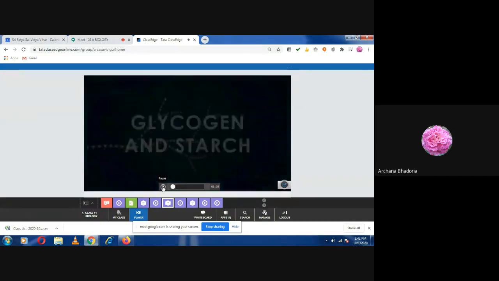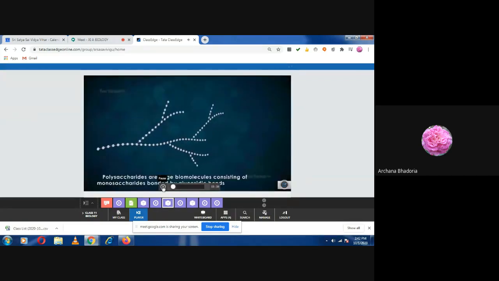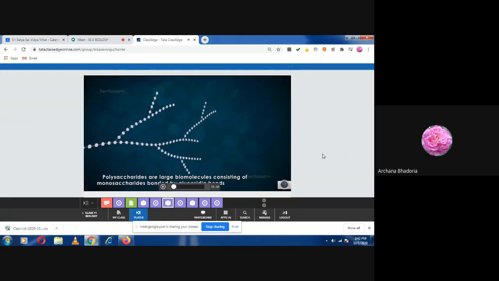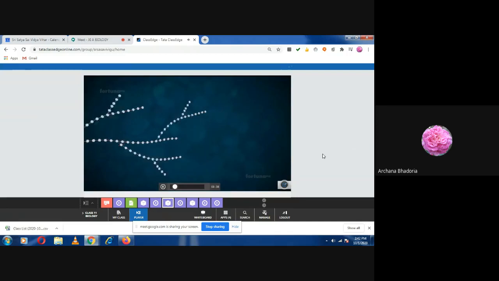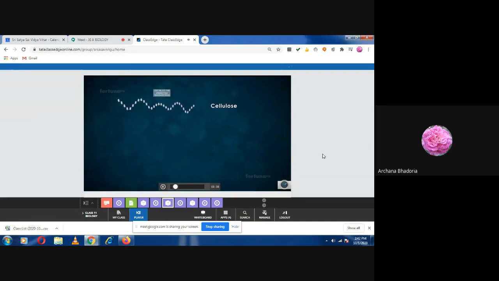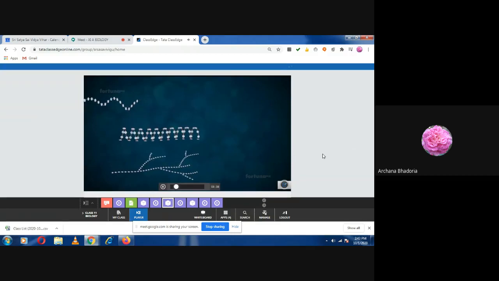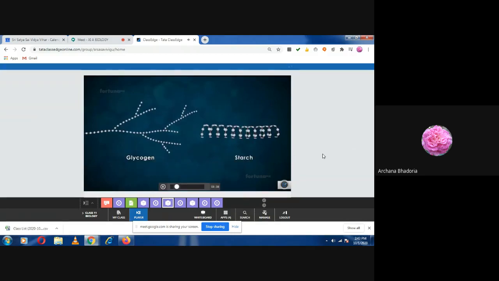Polysaccharides are large biomolecules consisting of monosaccharides bonded by glycosidic bonds, also known as glycans. They can be one of three common types: cellulose, starch, or glycogen. In this session, we'll concentrate on glycogen and starch.